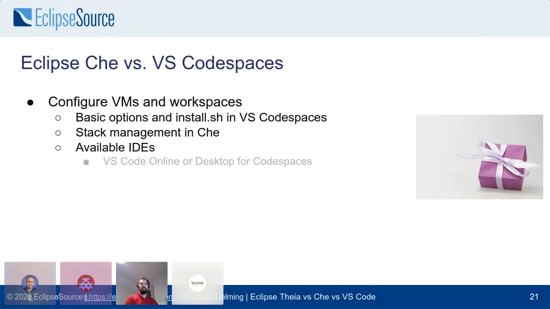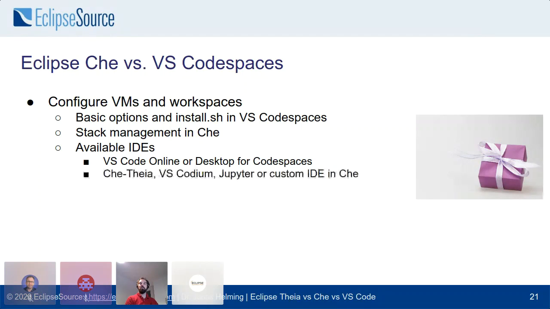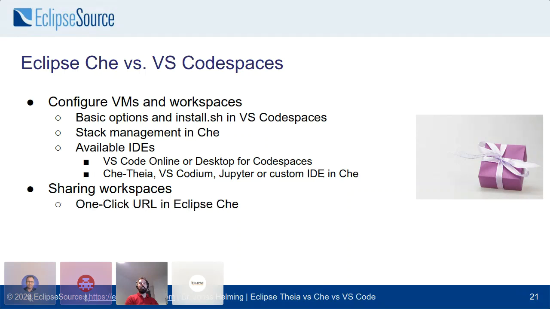The available IDEs, as mentioned, in GitHub Codespaces, we have all the Visual Studio Code or Visual Studio versions. In Che, we have Che-Theia, VS Codium, Jupyter, and you can add your own. In terms of sharing workspaces, in Che, you can actually create a one-click URL to onboard new developers.